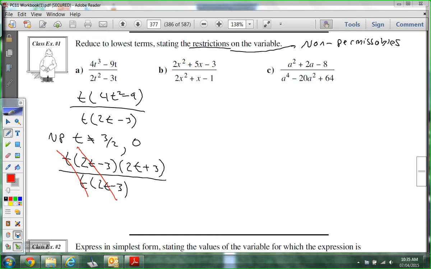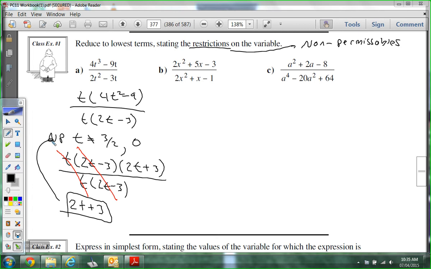So your final simplified answer is just 2t plus 3, with your non-permissibles as we stated earlier. Okay, any questions there? Pretty much just have examples today, not really a lesson. We only got 4 sets of examples. Okay, let's keep on going here.